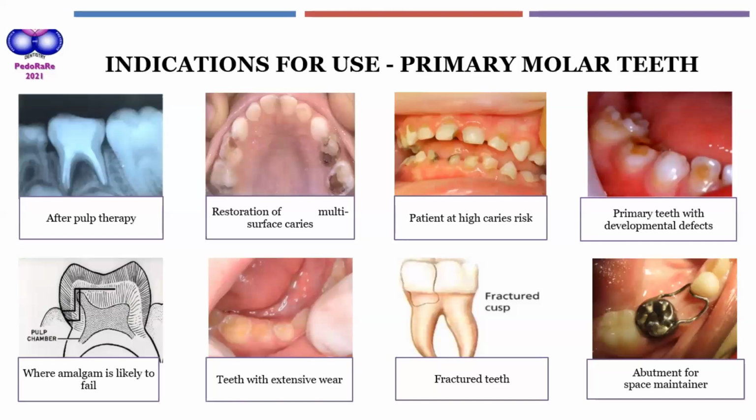These are the primary indications which are universally given: immediately after pulp therapy, restoration of multi-surface decay, patients who are at high risk, primary teeth with developmental defects where amalgam is likely to fail, teeth with extensive wear, fractured cusp, or as an abutment for space maintenance.